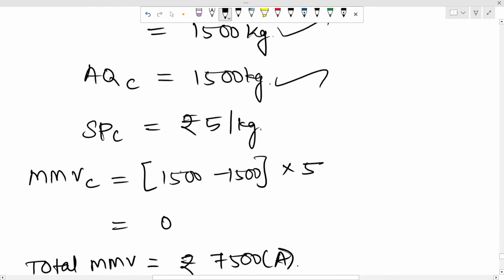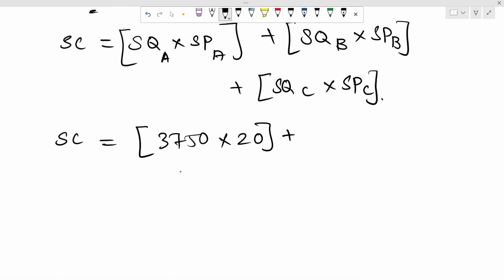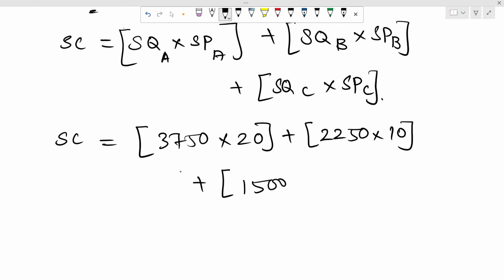So standard quantity of raw material A is 3,750 into standard price of 20, plus standard quantity of B is 2,250 into standard price of B, which is rupees 10 per kg, and standard quantity of raw material C is 1,500 into standard price of C, which is rupees 5 per kg.